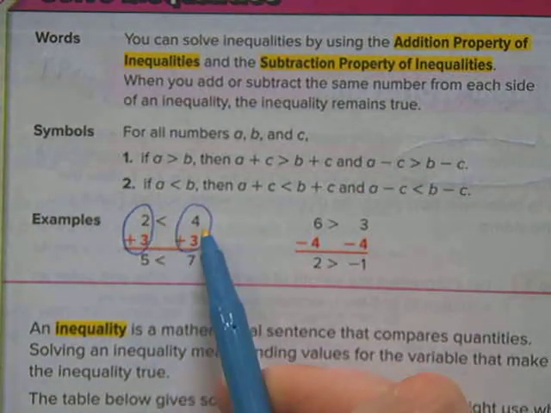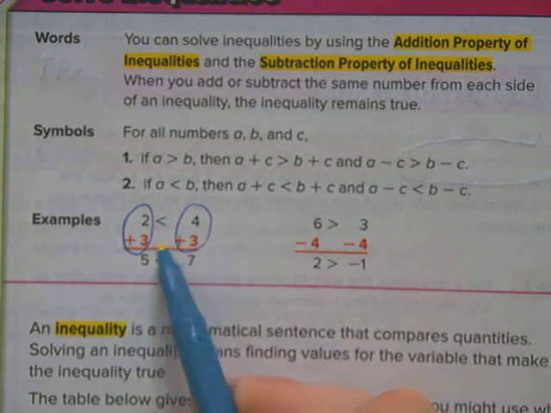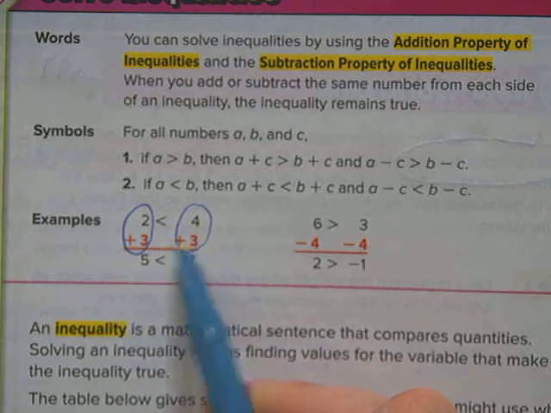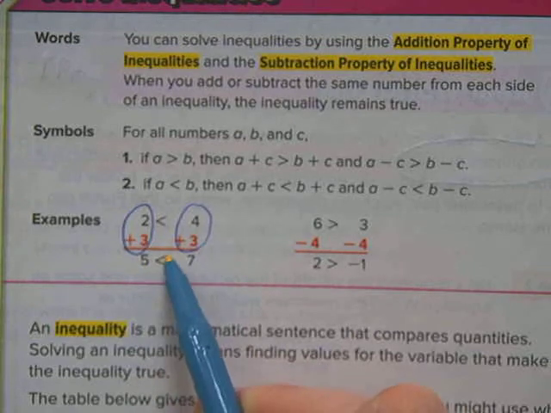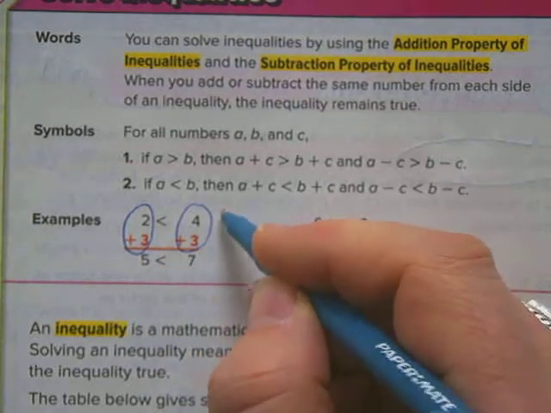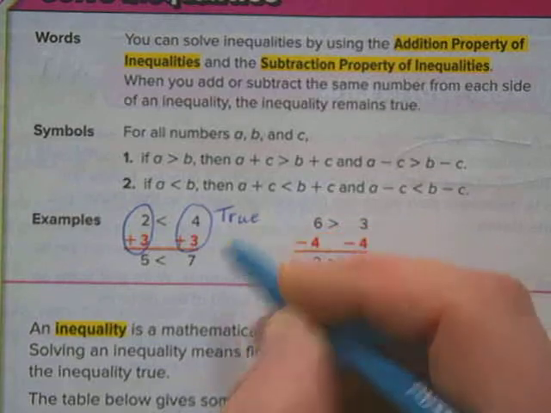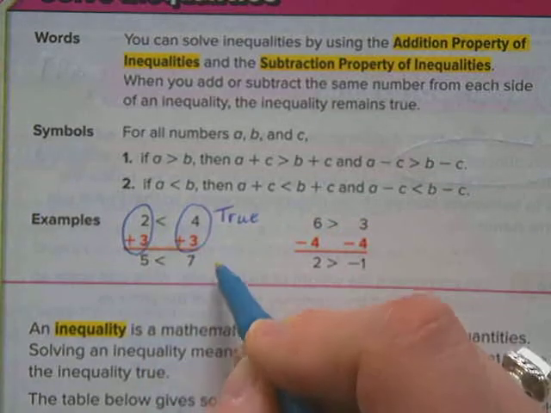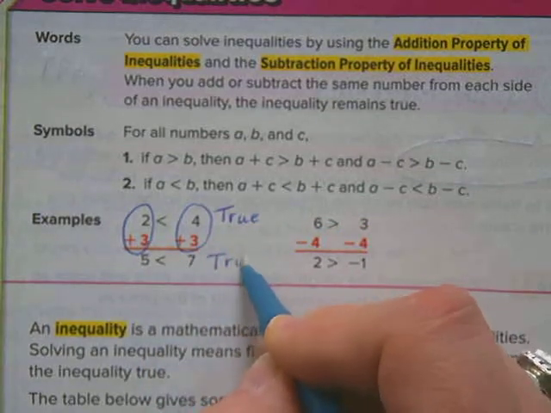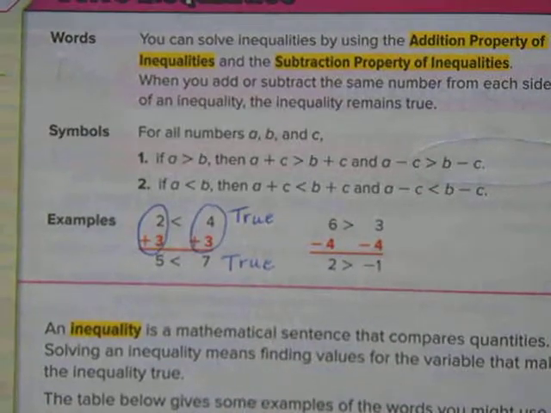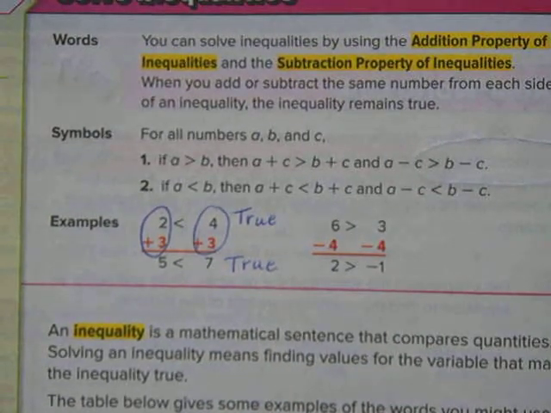for instance, 2 is less than 4, that's a true statement. If you add the same amount to both sides, you then would get 5 is less than 7. So it starts true, and when you add the same amount to both sides, it keeps it true.